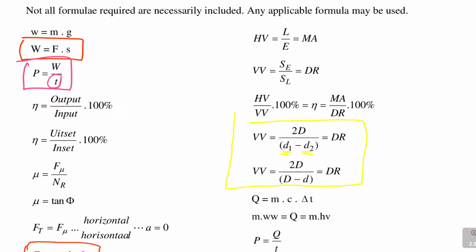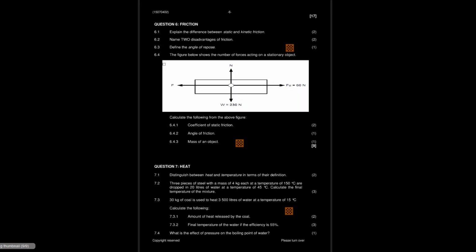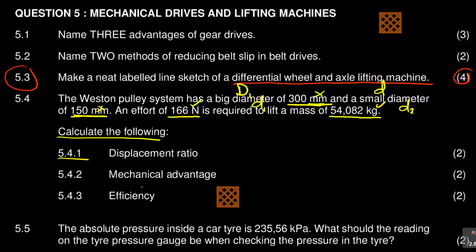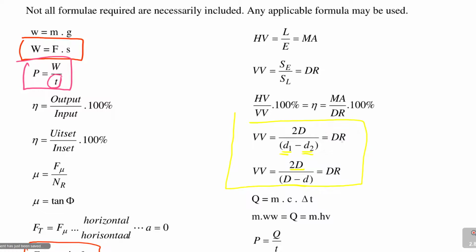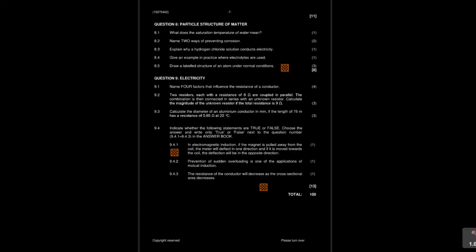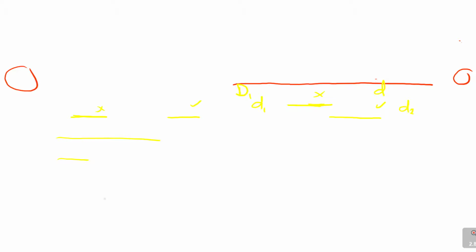And at the same time, you have got this one and this one. Both formulas were going to work. So if I use this one, what was the question saying? Displacement ratio. So you see here on the formula, DR for displacement ratio, is 2D over D1 minus D2, or 2D over D minus d. So I can use any of these.